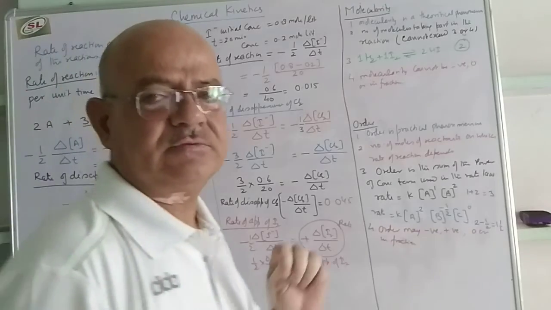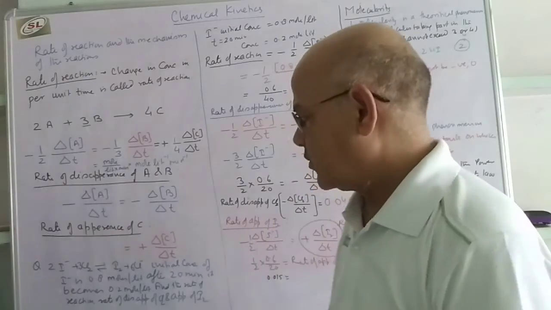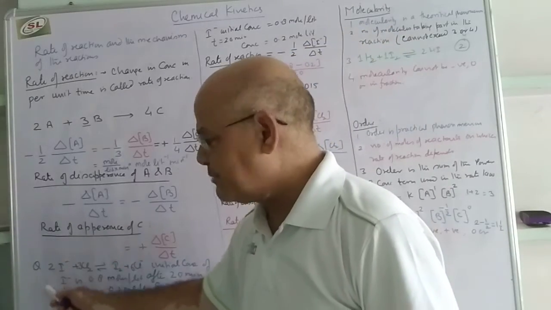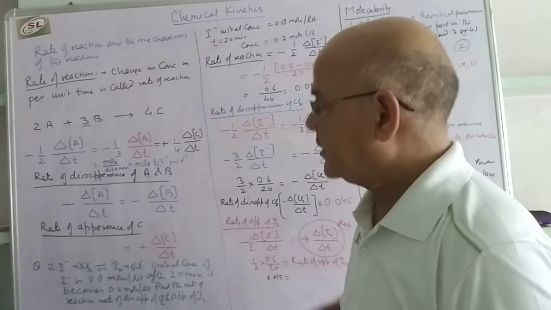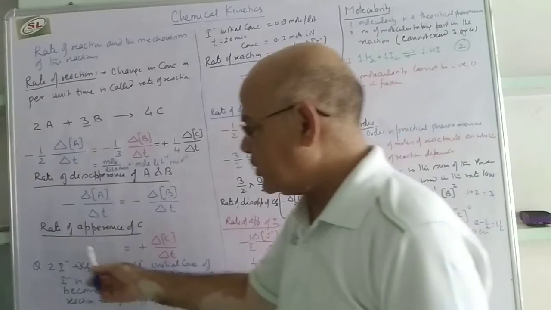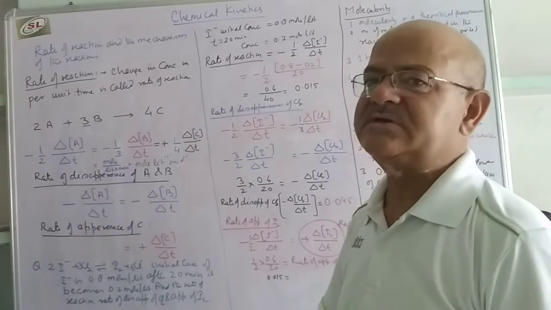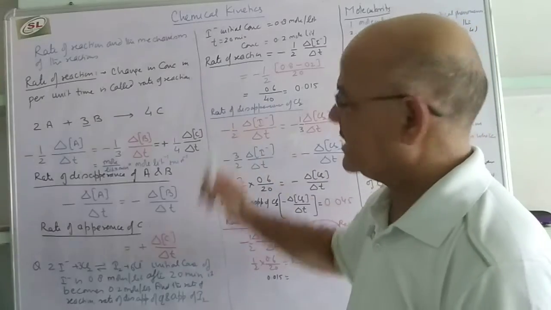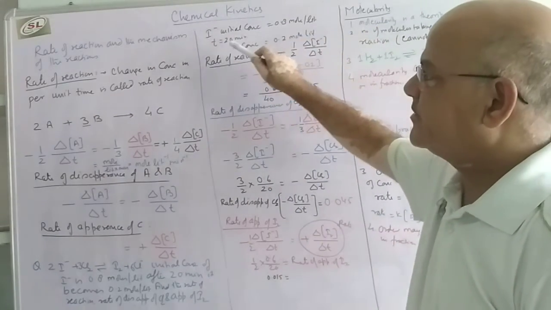Here you can observe the data is given only for I minus. No other data is given. That means to find the rate of reaction, we will use the data of I minus and also the differential equation of I minus. Initial concentration is 0.8.